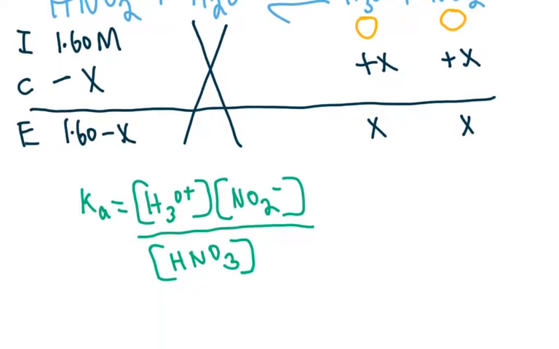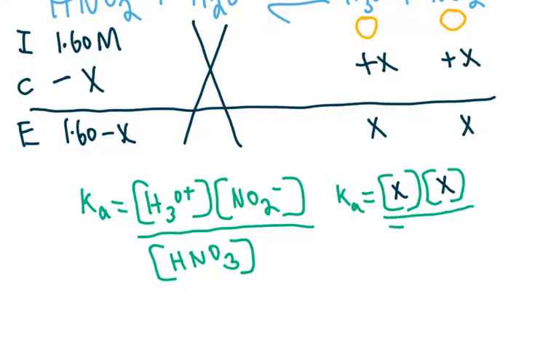So Ka, our acid dissociation constant, is equal to x for our hydronium concentration, and let's stay consistent with the colors, multiplied by our nitrite anion concentration, which is also x according to our ICE table.